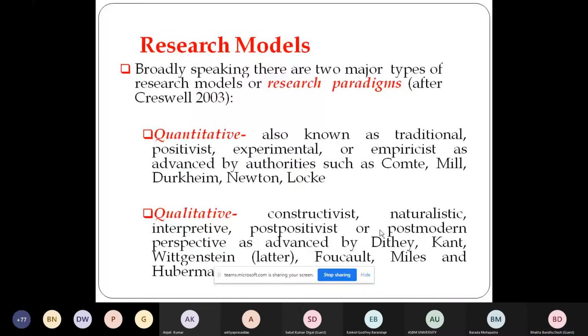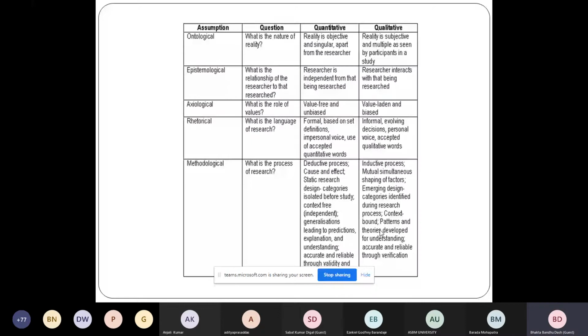Considering this, I'll tell you about five basic assumptions of research, in both qualitative and quantitative attributions. The first is ontological. As I told you, what is the nature of reality? What is the established truth? What are the theoretical contributions?